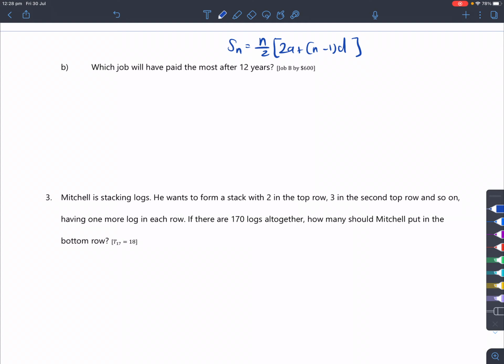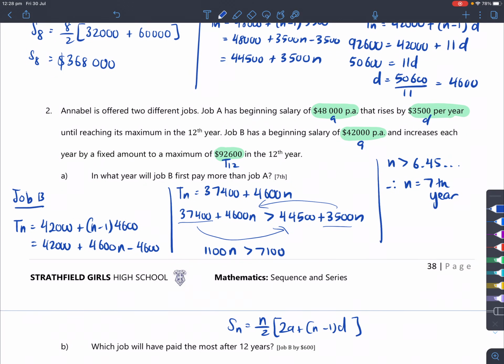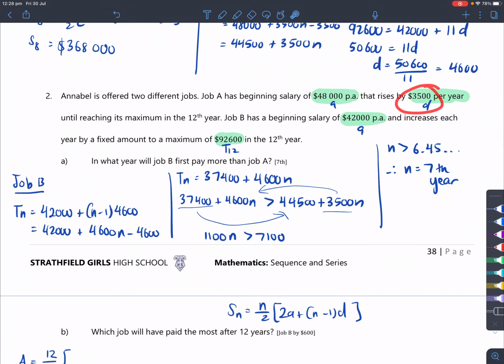Now, because we got the A, N, and D values down, we can do it for job A. So I'll just say the sum for A equals 12 over 2, since N equals 12. A in this case, for job A, was 48,000, and D was 3,500.